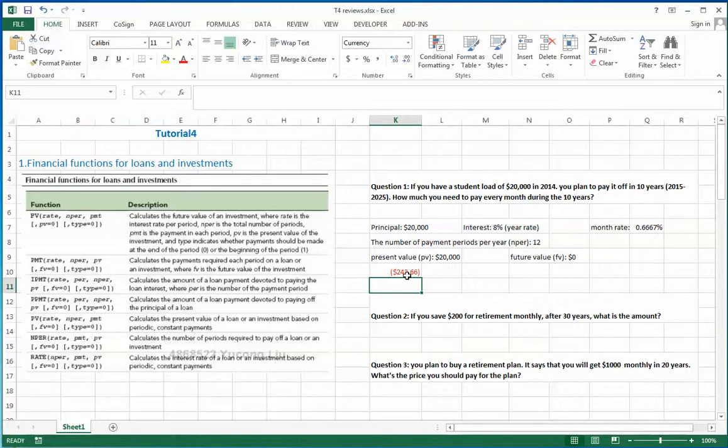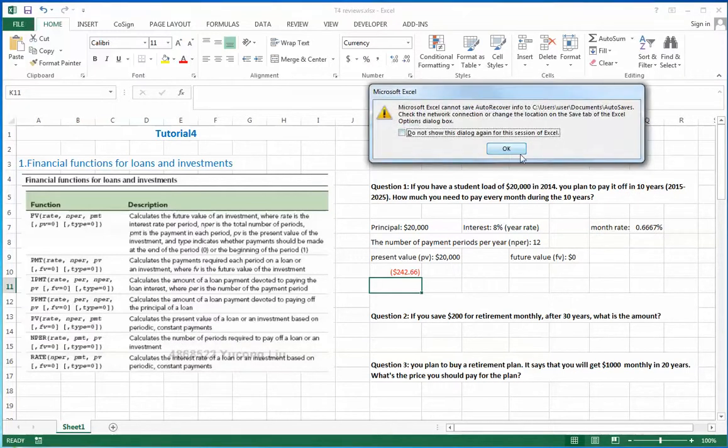How about if you want to make a payment, say you want to pay 300, then how long can you take to pay off the loan? That way we need to use this function. It's called NPER. It will calculate the number of periods, like the months, you need to pay off the loan.